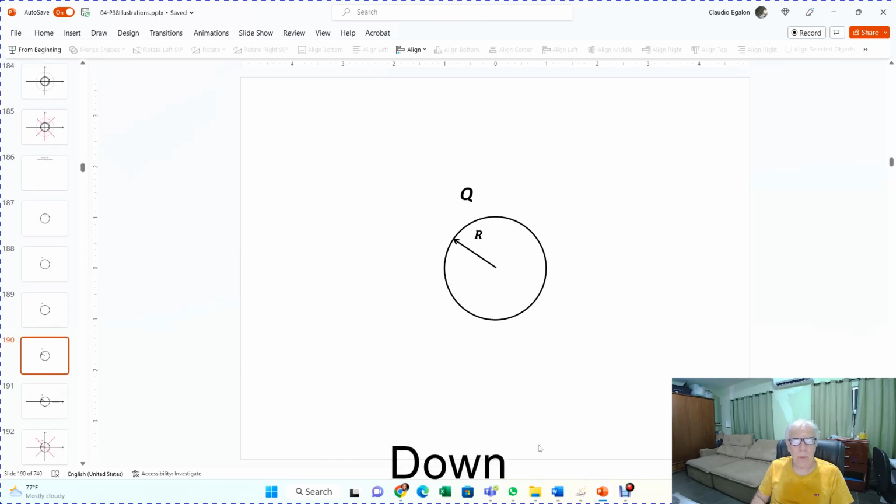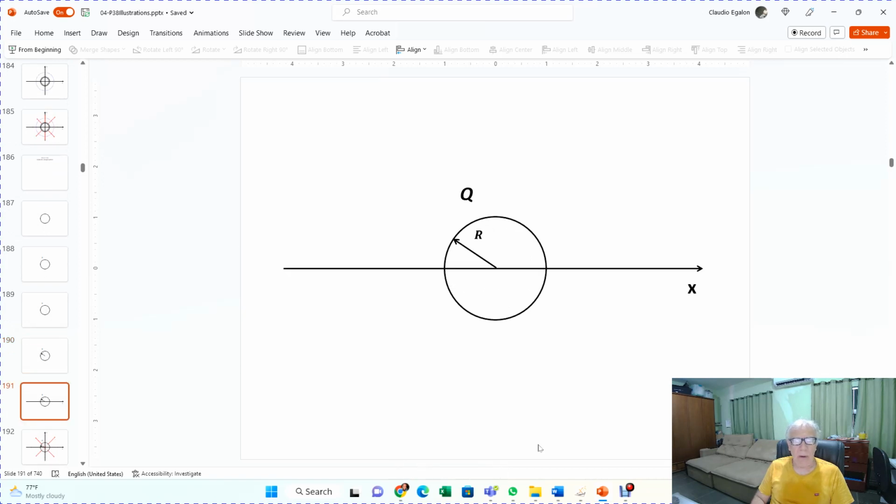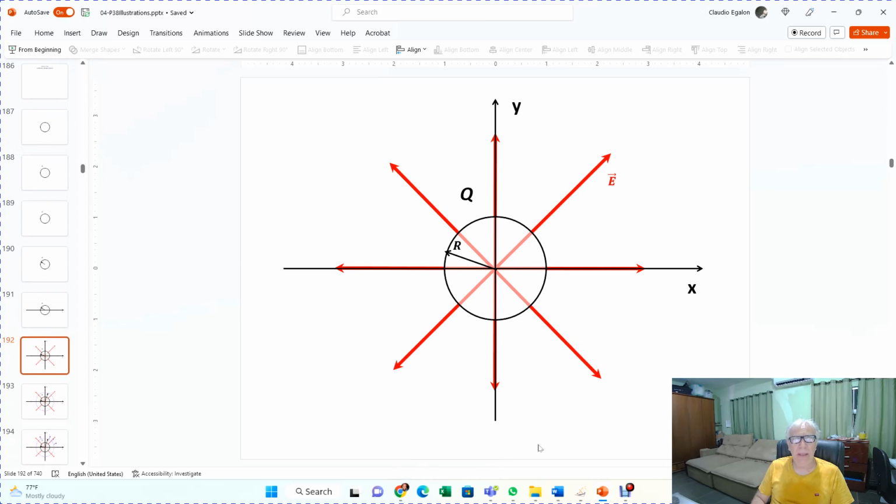Okay? The sphere has radius R, and we can put our x and y axis, and just like before, due to the symmetry of the system, we should expect electric fields that are outwards in the radial direction.